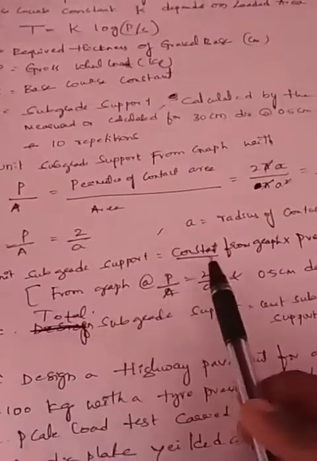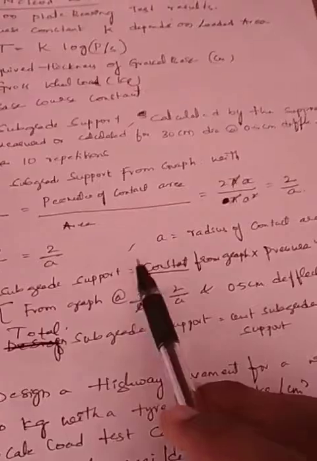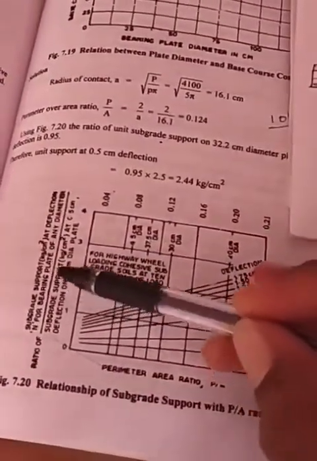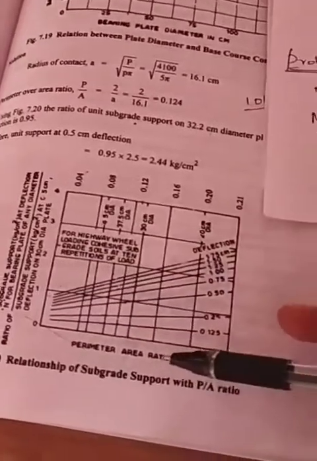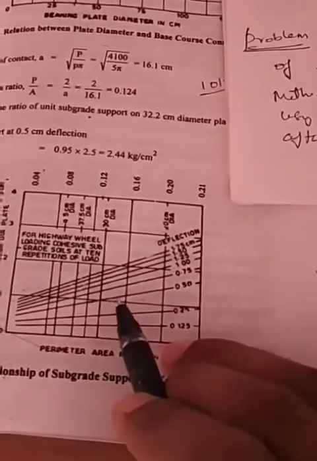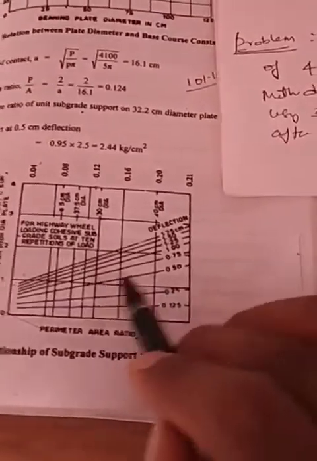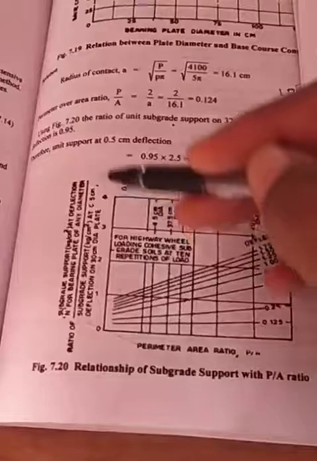So now, unit subgrade support. For a particular P by A ratio, you refer to the 0.5 centimeter deflection curve. Using these values and this curve, you are going to get this ratio, which is a constant.